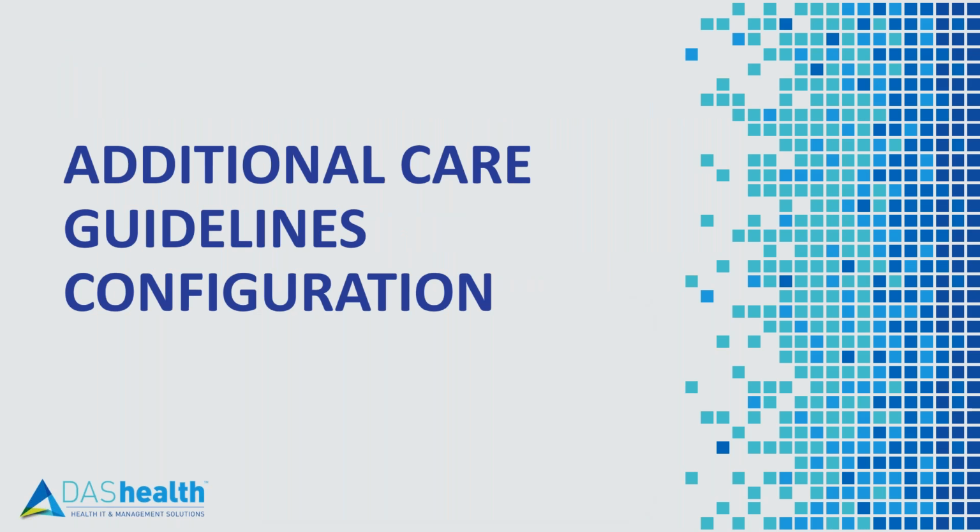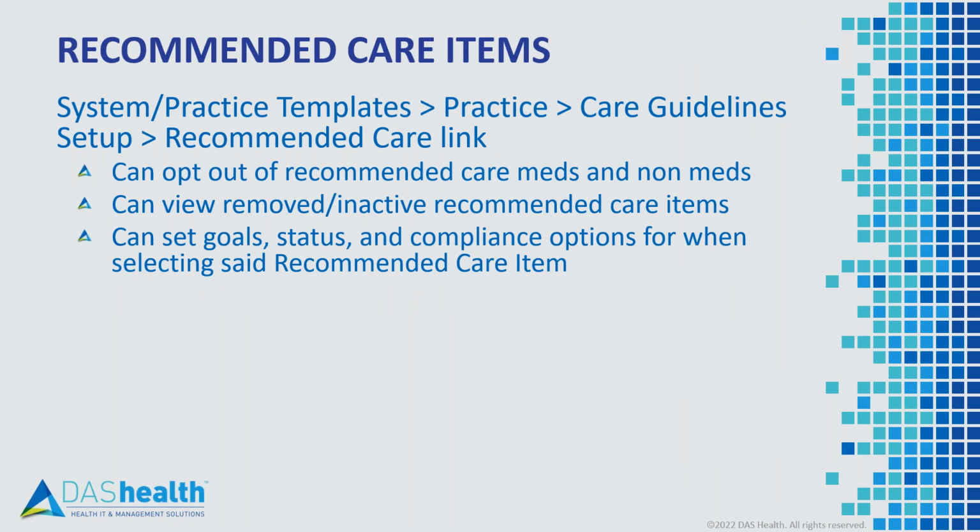So now that we made it through our care guideline system practice template, I'm sure you're all ready to be done with configuration, but alas, we are not. There's just a few more pieces of additional configuration regarding care guidelines that I want to make sure we point out today. So first, in that system practice template for care guideline setup, you're going to see a link called recommended care.